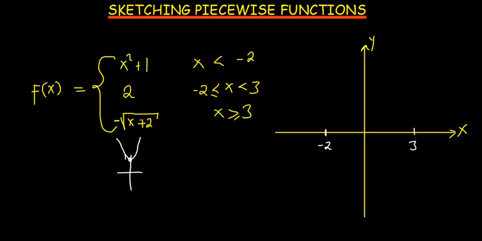So if x is negative 2 here, what will be the value for y? Put negative 2 squared, which is 4, plus 1, that is going to be 5. So this is a 5 here. So this function was supposed to be coming like this, and then cut at 1 and then continue, but we will not write this portion that is greater than negative 2. So it's just this region.